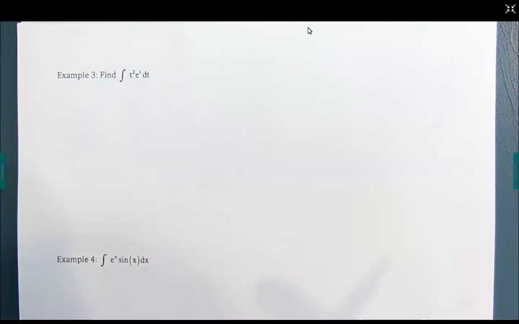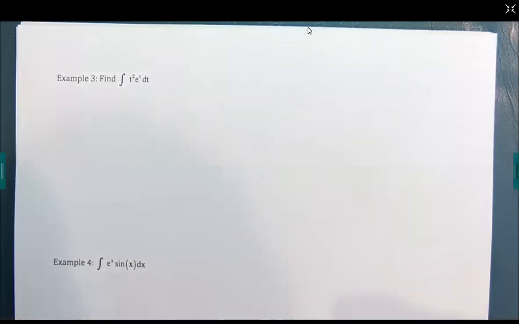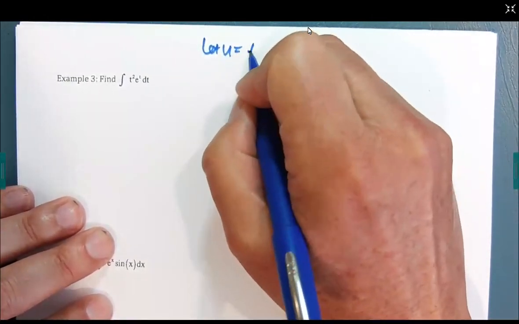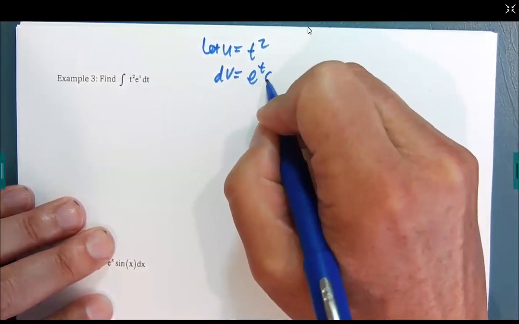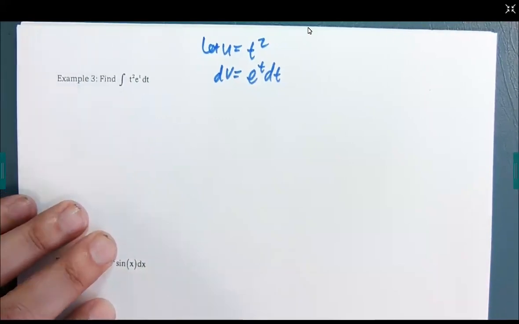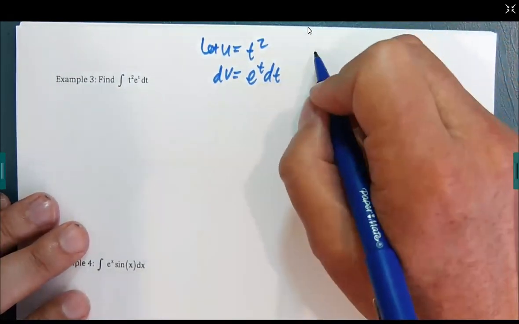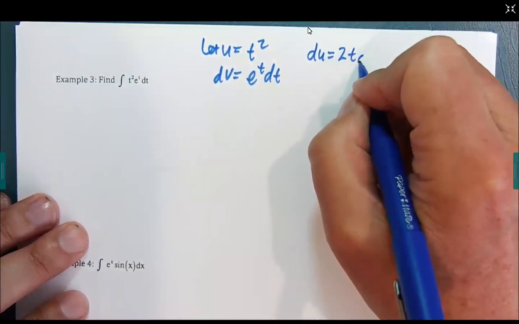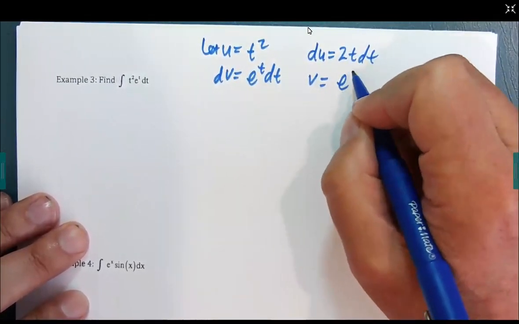I'm going to write this way up high here because we're going to have to actually do this whole process twice in this case, and you'll see why in a moment. So there's my u and my dv. Again, don't forget the dt. And du is 2t dt, and v is e to the t.